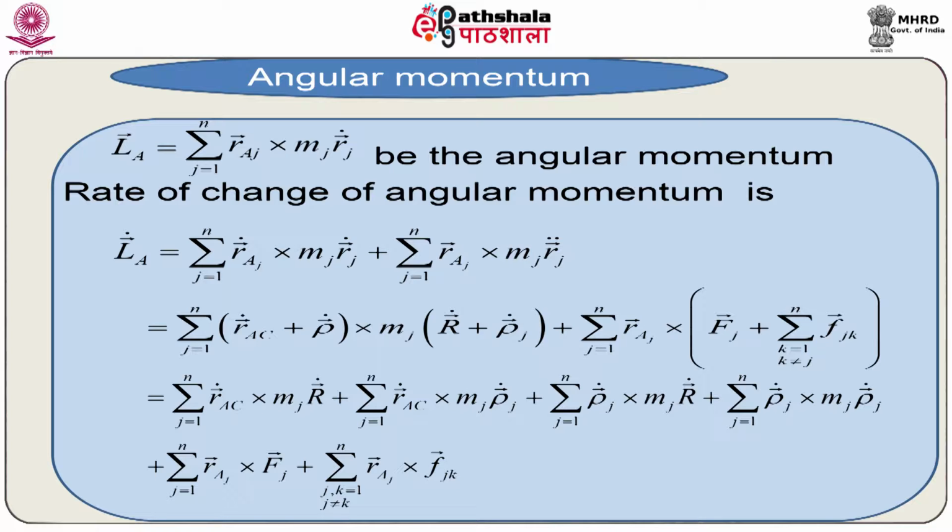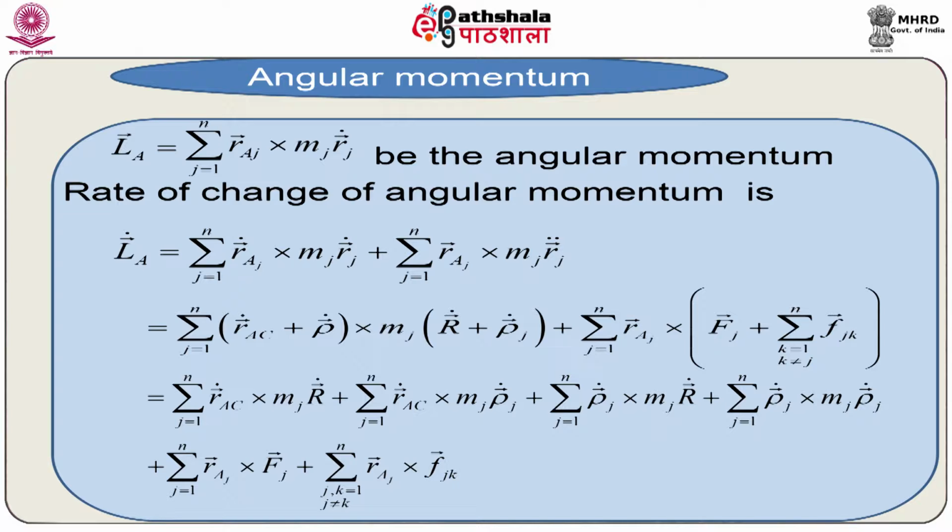This is the radius vector r_AJ vector, cross product m_j r_j dot vector. This is the linear momentum.